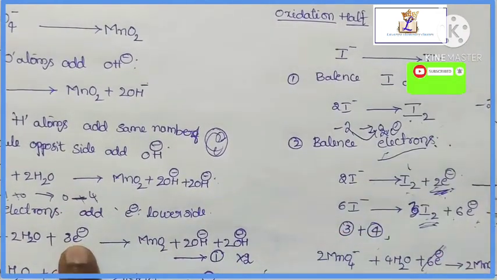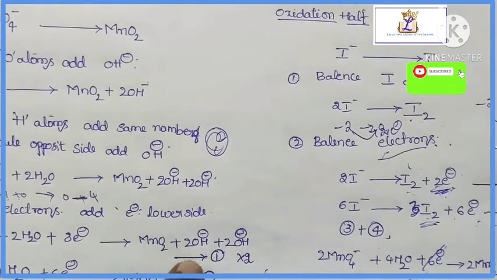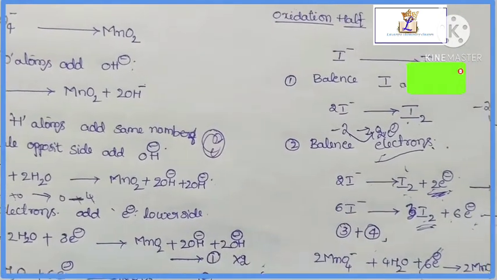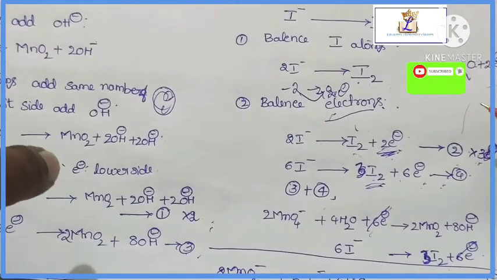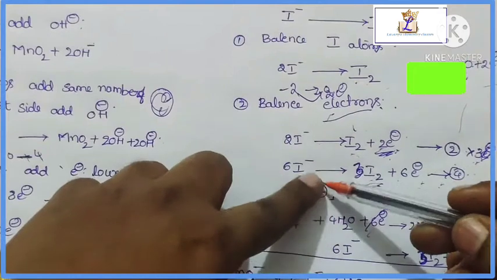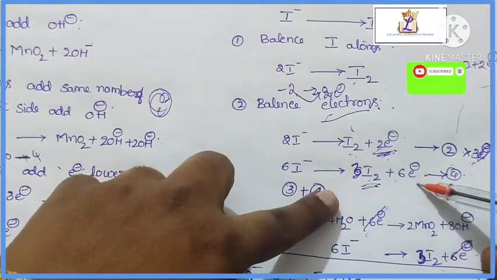So we multiply this equation by 2 and the second equation by 3. So the equation turns to 6I minus gives 3I2 plus 6 electrons.